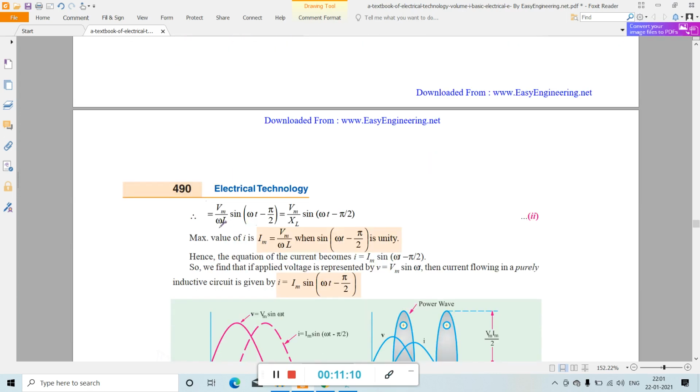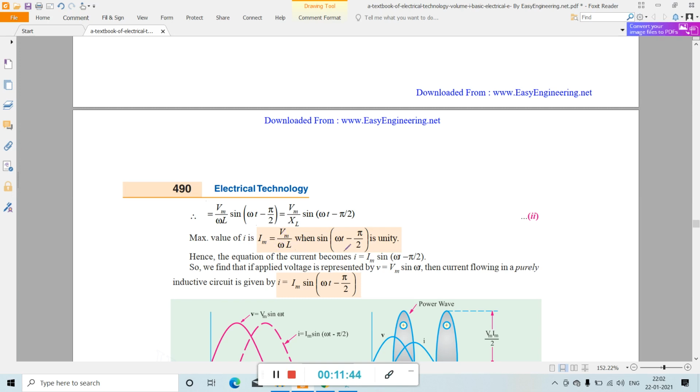So this is Vm by ωL sin(ωt − π/2), that is equal to, with ωL represented by XL, Vm by XL sin(ωt − π/2). So the maximum value of I, that is Im, is equal to Vm by ωL when sin(ωt − π/2) is unity. Only when this term is unity do we get the maximum value of I, that is Vm by ωL.